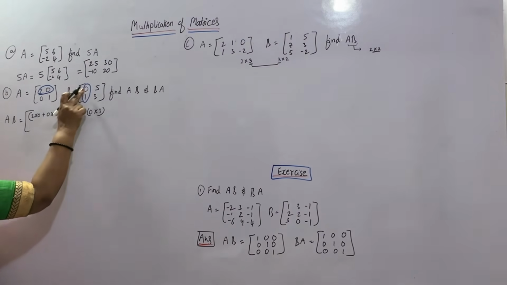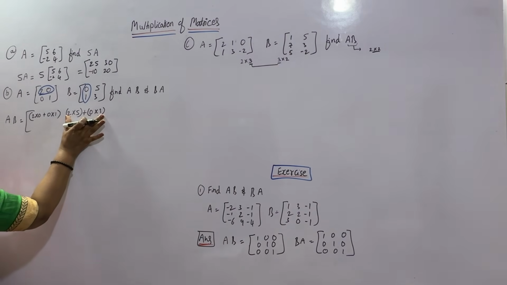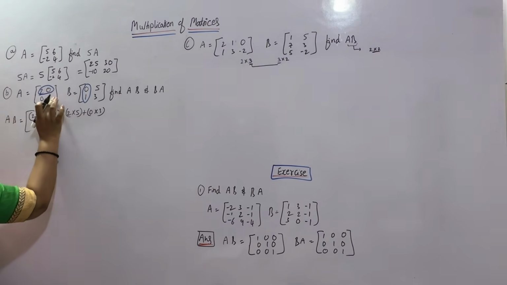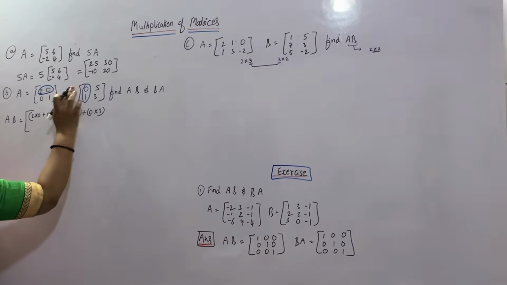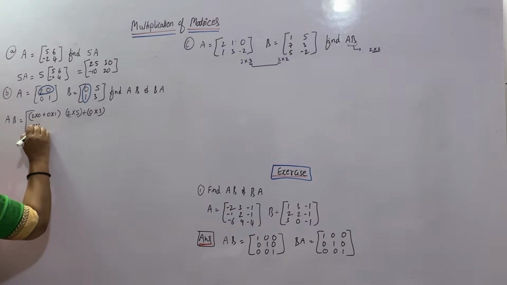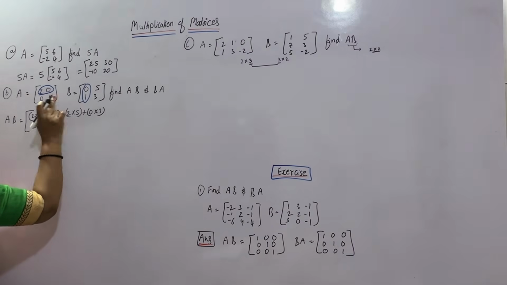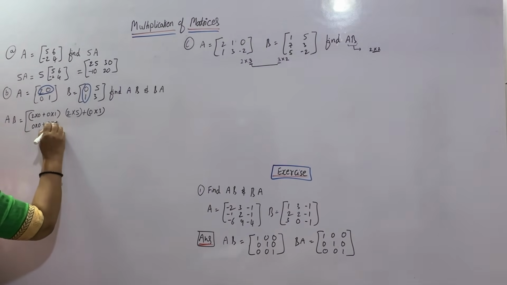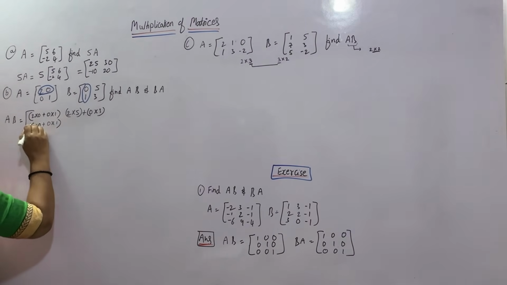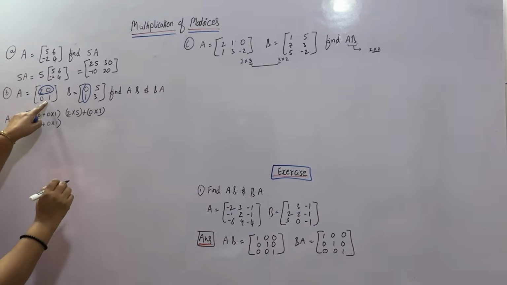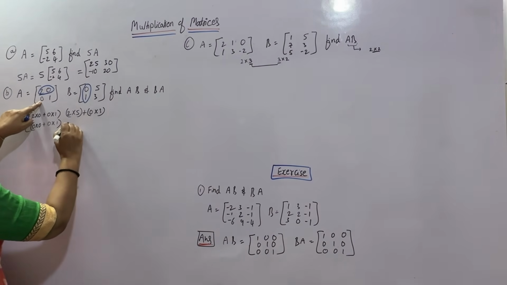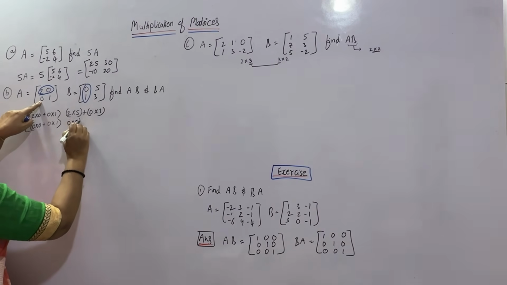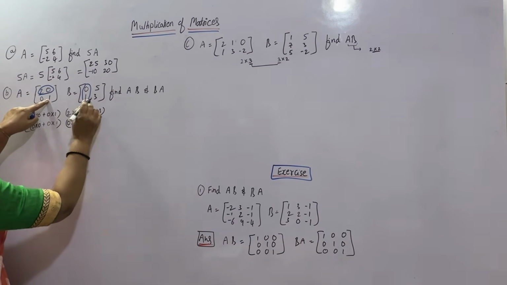For the third element, this row will be multiplied with this column. 0 into 0 plus 1 into 1. Next, for the fourth element, this row with this column, 0 into 5 plus 1 into 3.